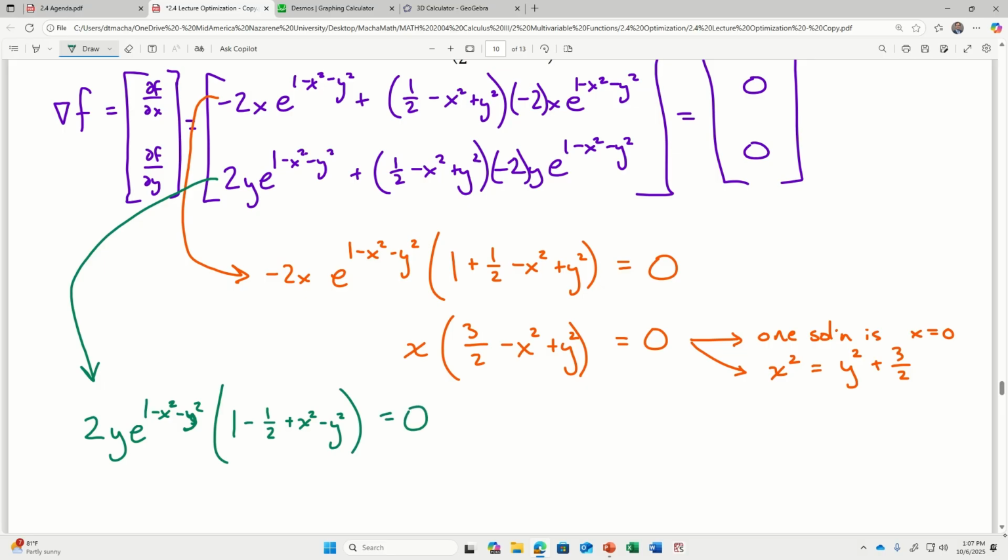Set that equal to 0. Once again, divide both sides by 2, divide both sides by the e stuff, and I get y times 1/2 plus x squared minus y squared is equal to 0. And so one solution is just y equals 0. The other solution is, well, what if y squared is equal to x squared plus 1/2?